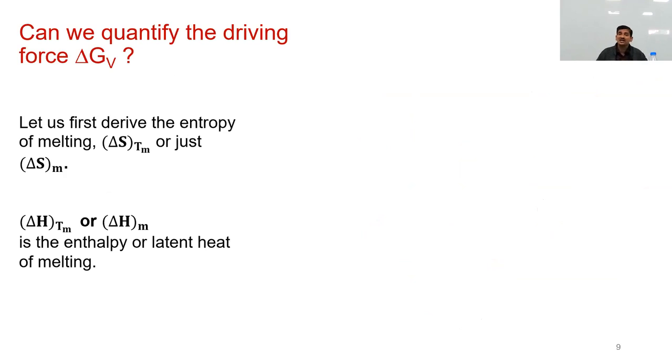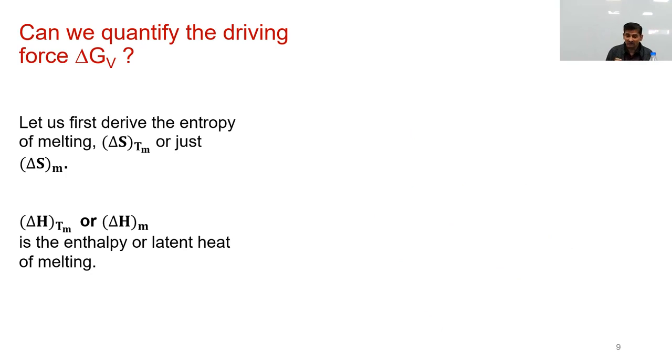Now the question is, can we actually quantify this driving force delta GV? Yes, we can. So let us first derive the entropy of melting, delta S at Tm. These are the standard terms: delta S is the entropy change, and delta H is the enthalpy change. We'll define certain terms.